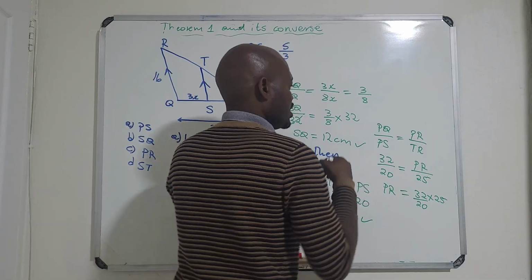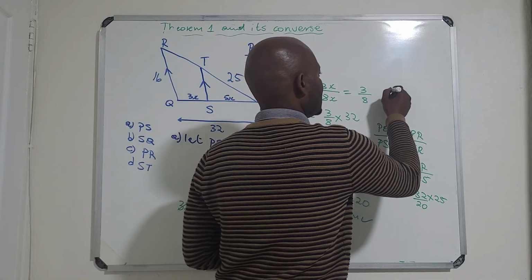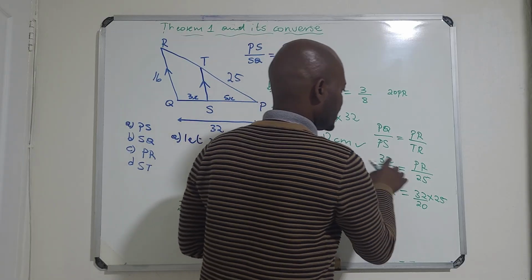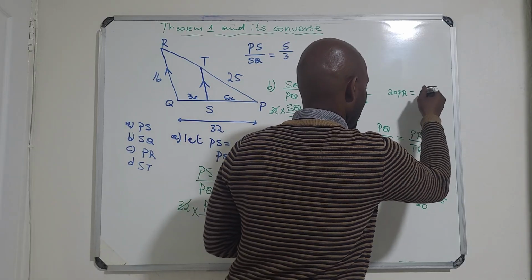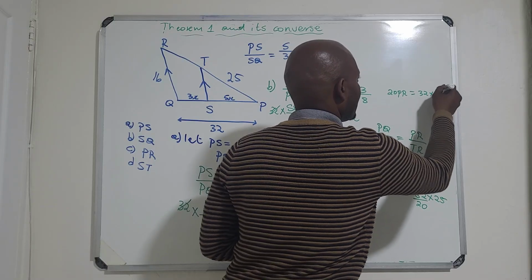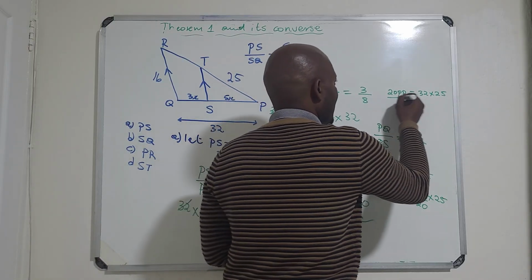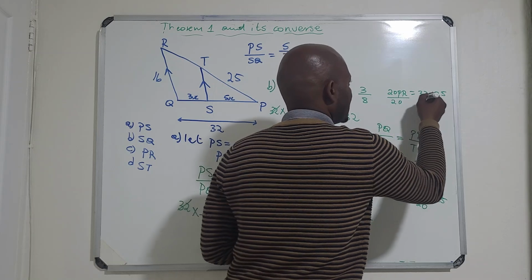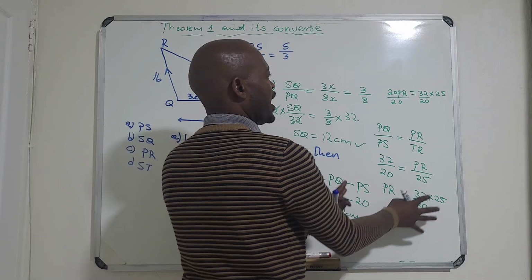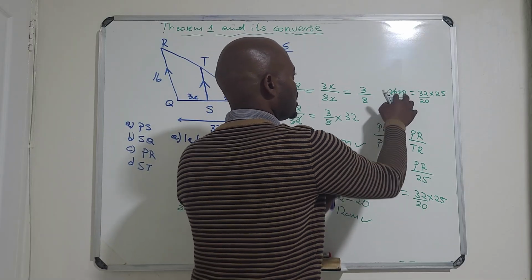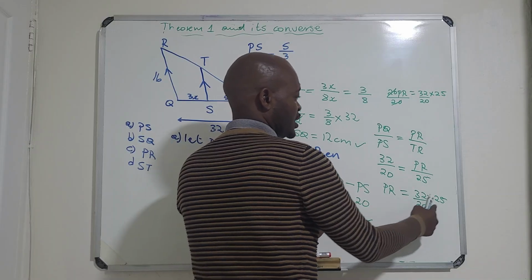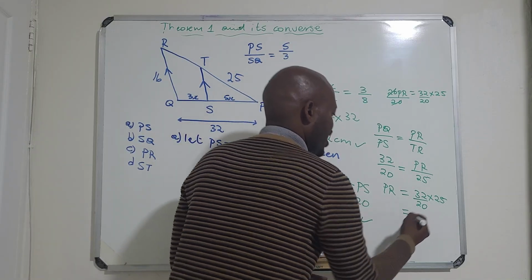This times this, obviously, it is 20 PR. This times this, that is why you see 32 times 25. Therefore, that is why when I divide by 20 there, divide by 20 there, that's what you see here. That's how I got that PR is equals to 32 over 20 times 25.